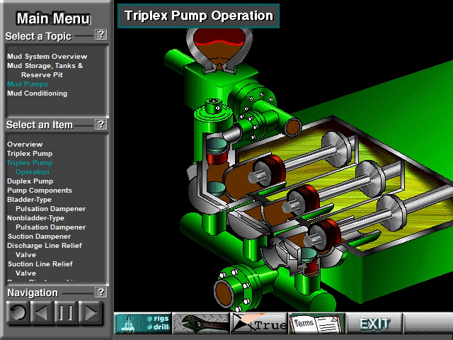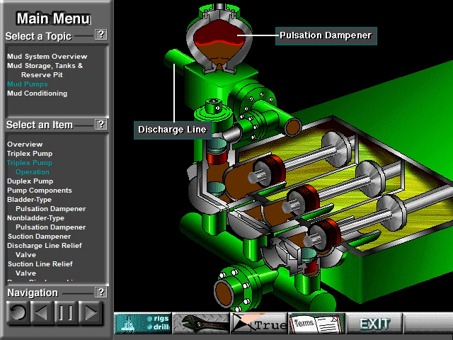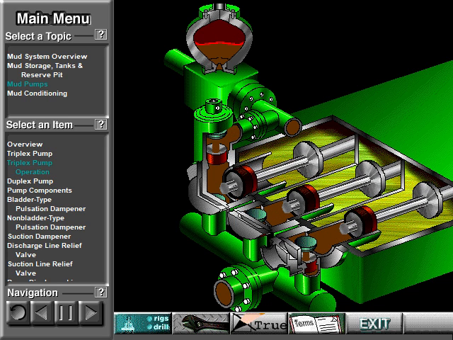Here's a schematic of a triplex pump. It has 3 pistons, each moving in its own liner. It also has 3 intake valves and 3 discharge valves. It also has a pulsation dampener in the discharge line. Look at the piston at left.